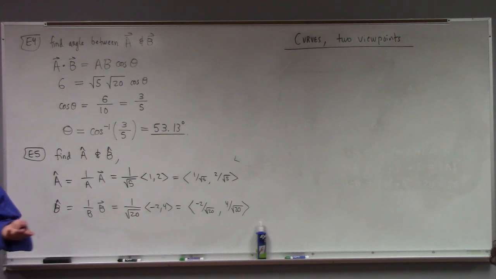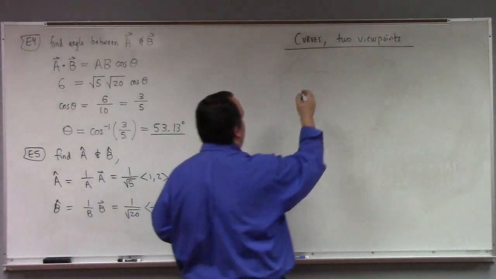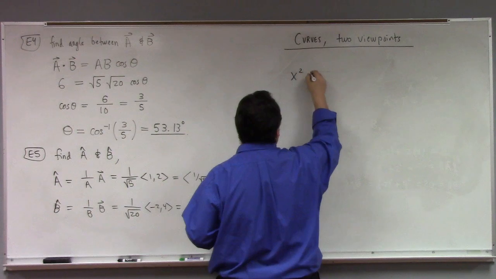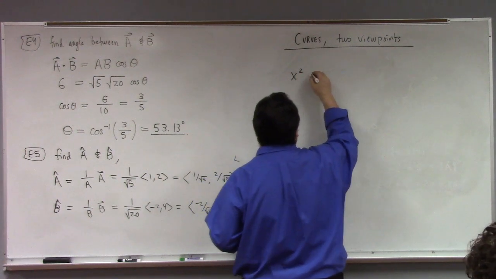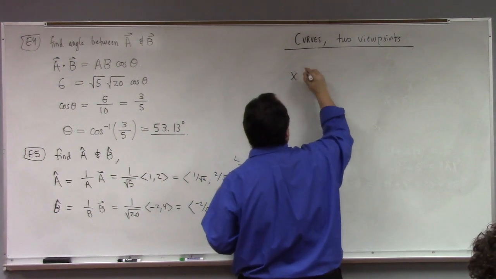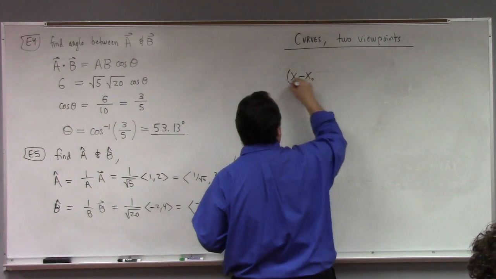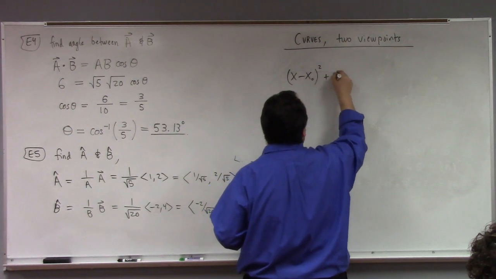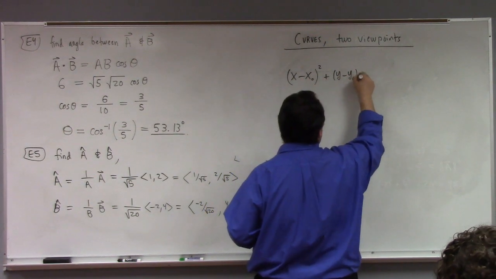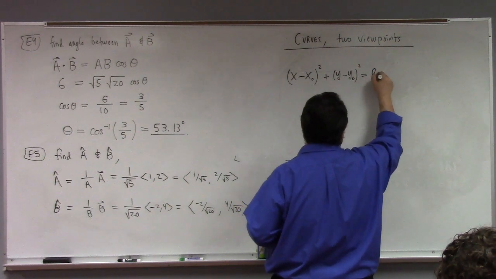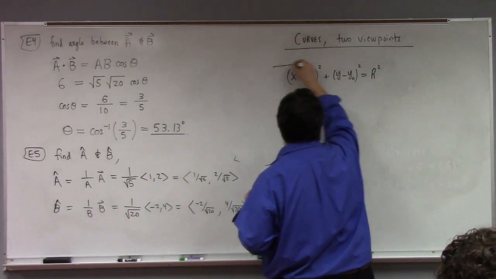Circle. What's the equation for a circle? Well, let me be a little bit more adventurous. x minus x naught squared, right? Plus y minus y naught squared equals r squared. All right.